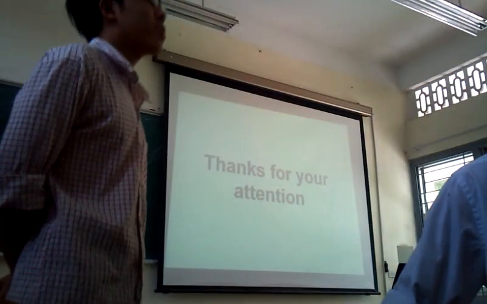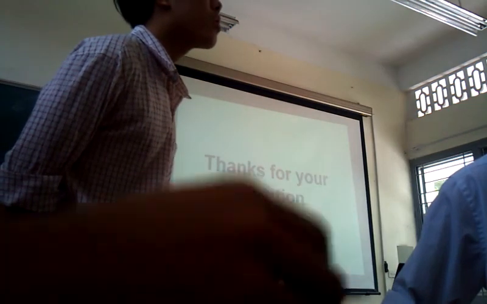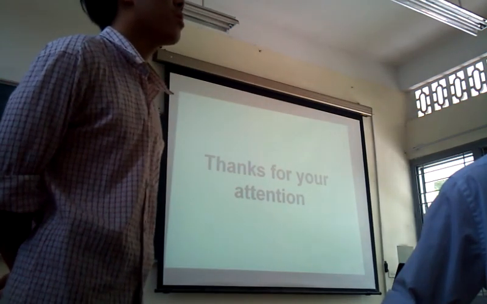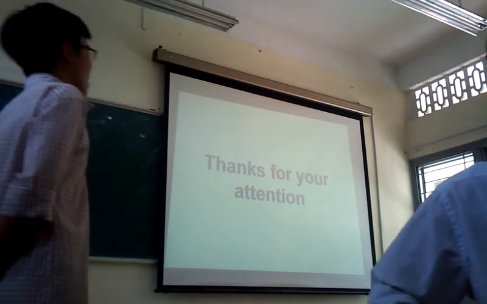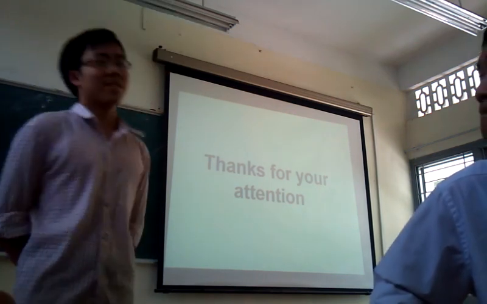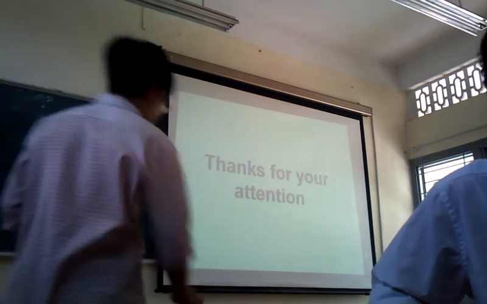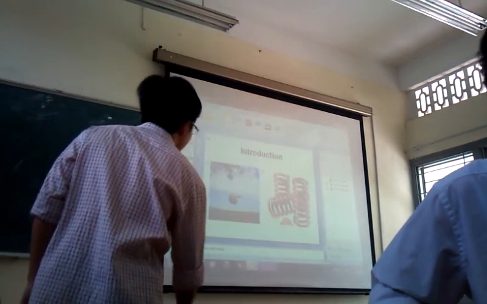I'm sorry, can you repeat the question? How can you determine the position of the motion in the... Okay. You remind me that I forgot one point in my presentation.